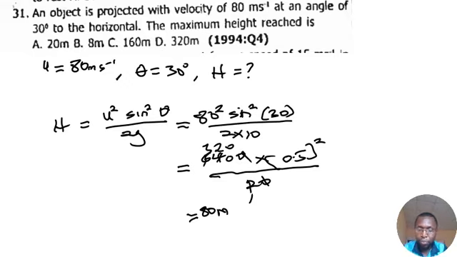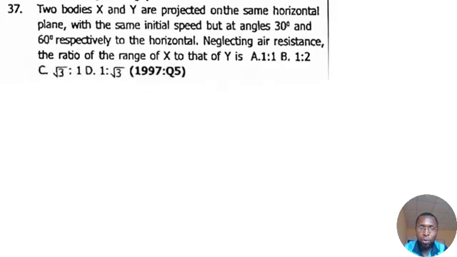All right. So this is another question again. Two bodies X and Y are projected on the horizontal plane with the same initial speed, but at angles 30 degrees and 60 degrees respectively to the horizontal.